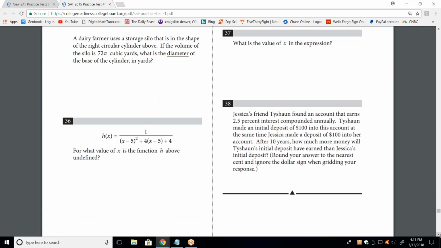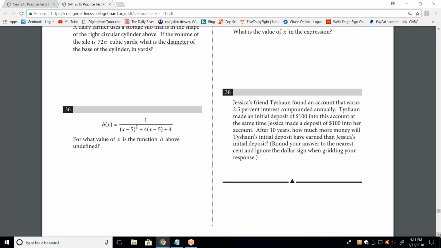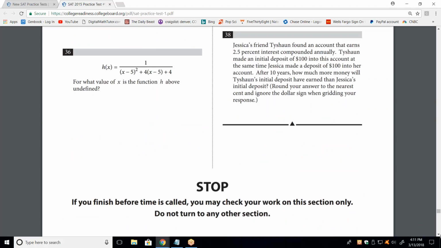Now we're going to 36. You can tell that we're getting towards the end of the section because it says stop. So 38 is the last one. So we know we're not in the easy territory anymore. Probably we're in medium to hard.